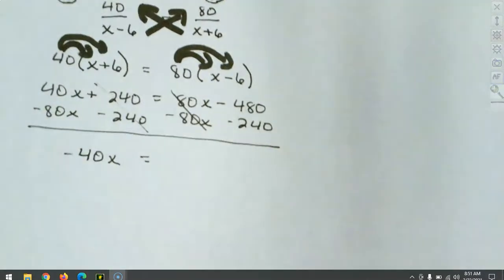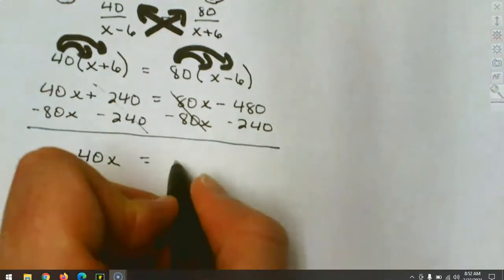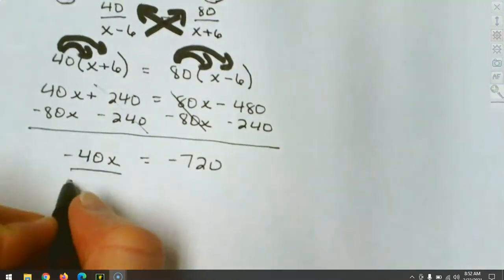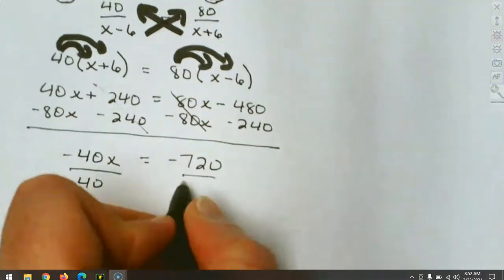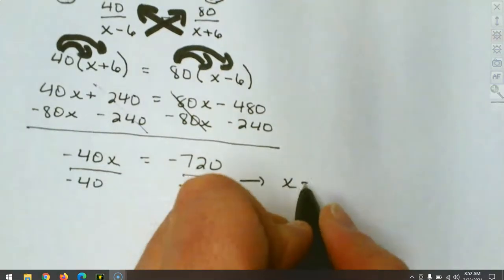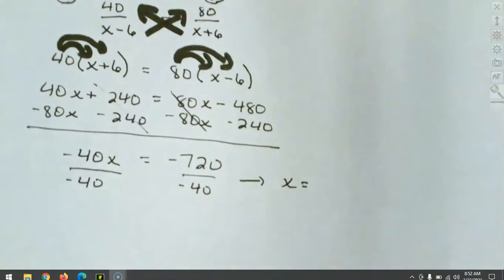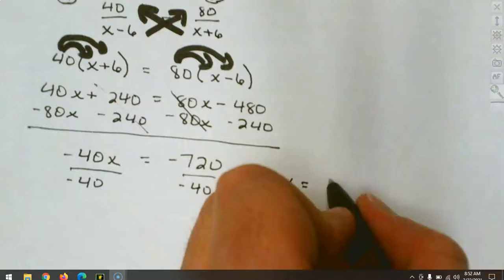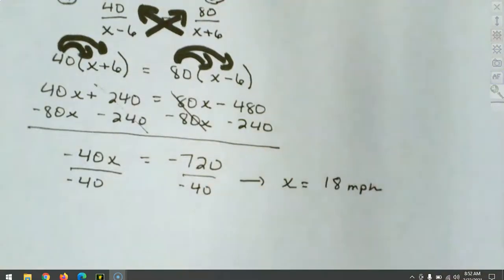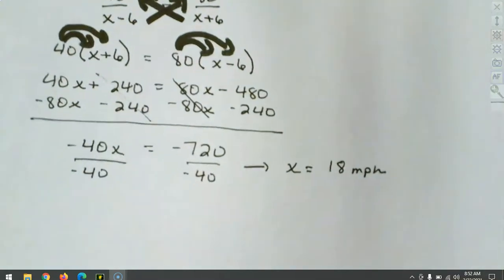And then we've got 480 and a 240. They're both negative, so we'll add together. Give you a minus 720. Then we'll divide by our negative 40, and that's going to be our final answer. It does come out to be positive. And when we divide, we get 18. And what is that 18? That's the speed of the boat. And that is going to be in miles per hour.